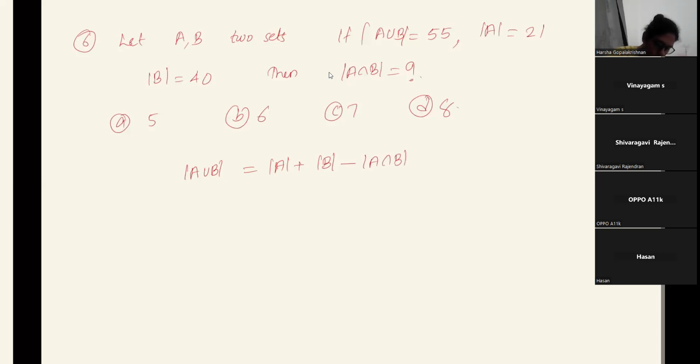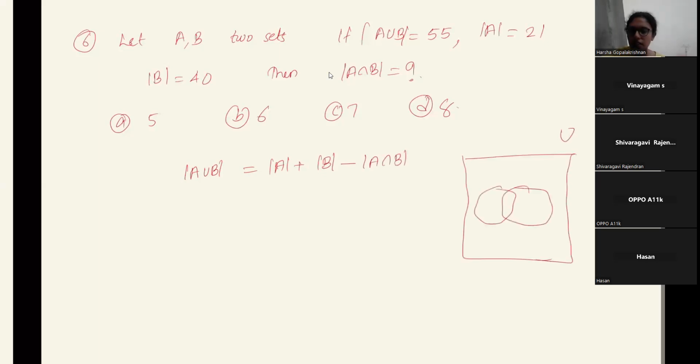So how it actually comes about is, if I am considering the universal set, A and B are two subsets. I need to find the cardinality of A union B. This is our A union B. So first I am taking the cardinality of A. It will cover all this portion.